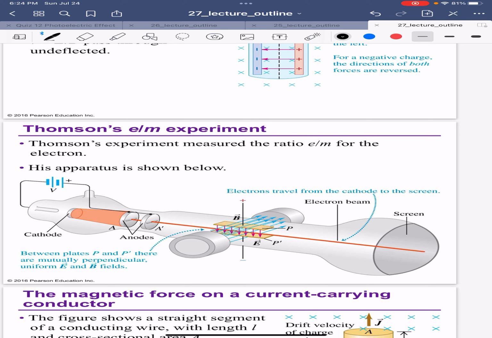There is a very important experiment in the history of physics where we were able to find the ratio of the electron's charge to mass, e over m. Here we were able to calculate the ratio, not each one of them. And then if we know the charge, we are able to calculate the mass.